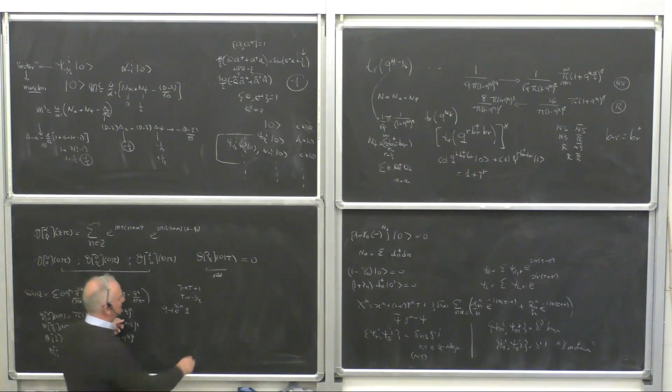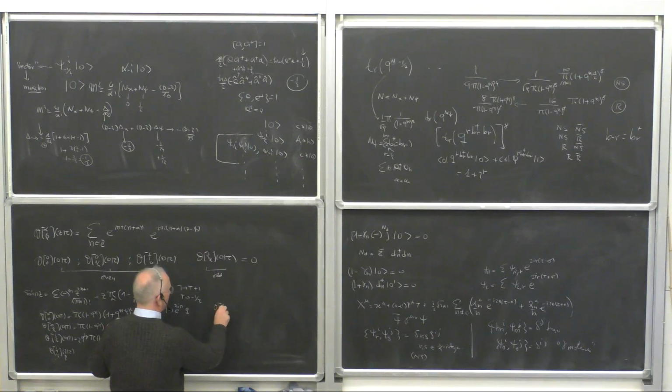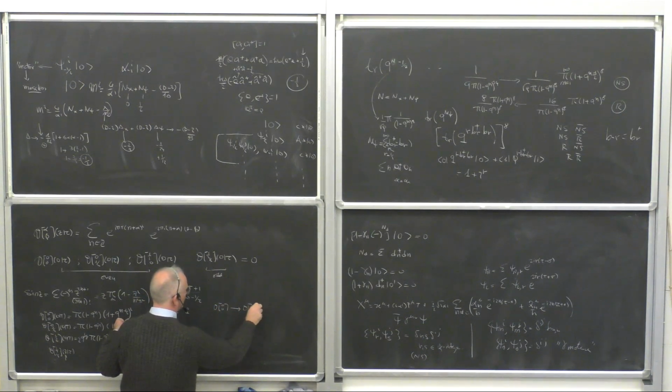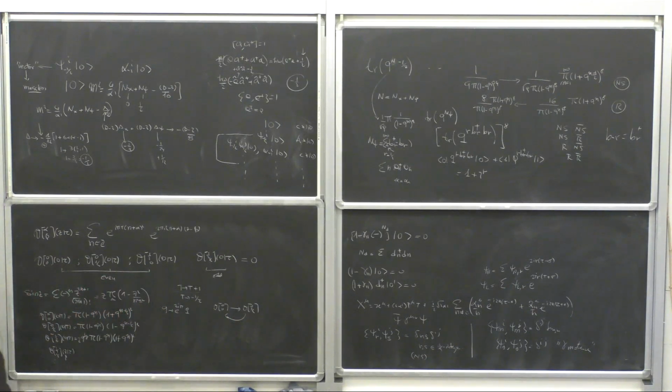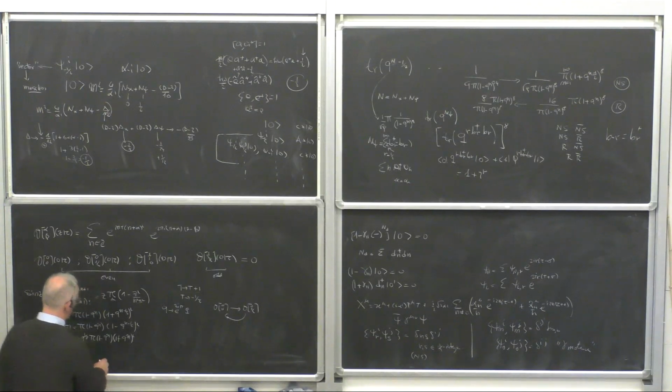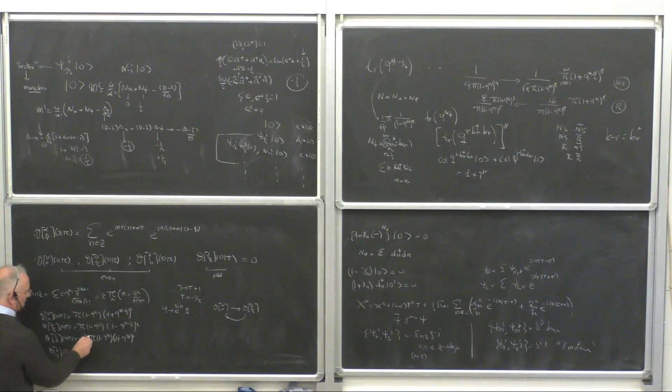So this means that theta 0,0 becomes theta 0,1/2, and theta 0,1/2 becomes theta 0,0. Theta 1/2,0 picks a phase, because the only thing is that you get an e to the i pi over 4 here.